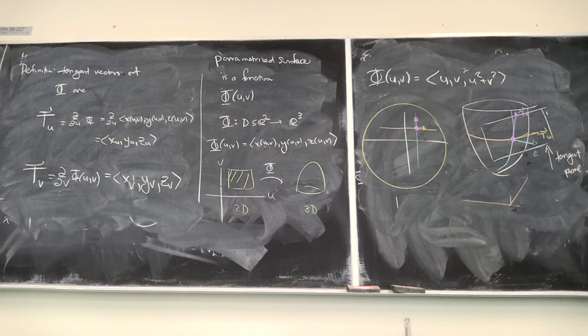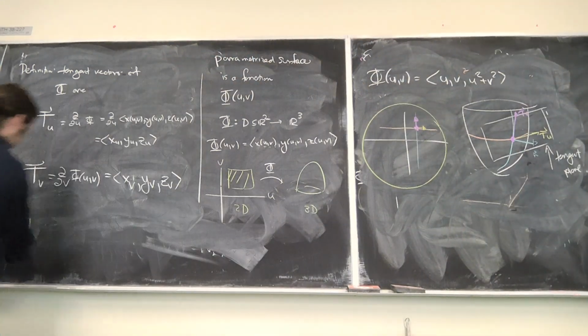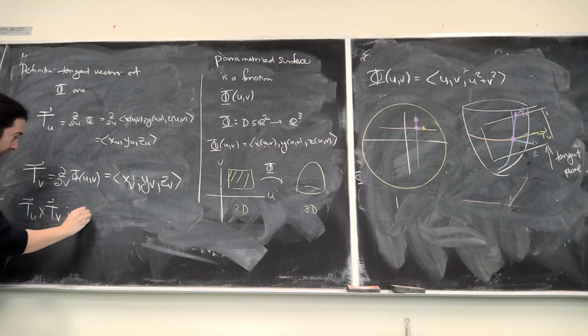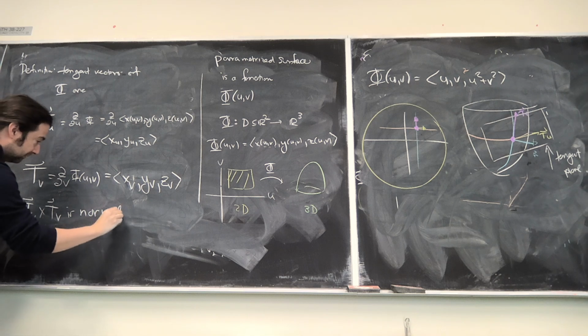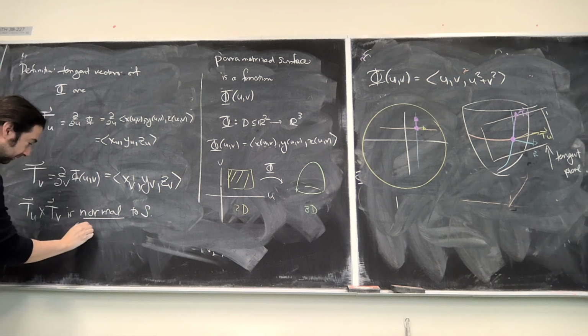Okay? Tu cross Tv. Ah, yes indeed. Because Tu and Tv are in the tangent plane, any two vectors in the tangent plane, if I crossed them, would get me a normal vector. So n, so I guess what you would say here is Tu cross Tv is normal to the surface. Which is to say perpendicular.